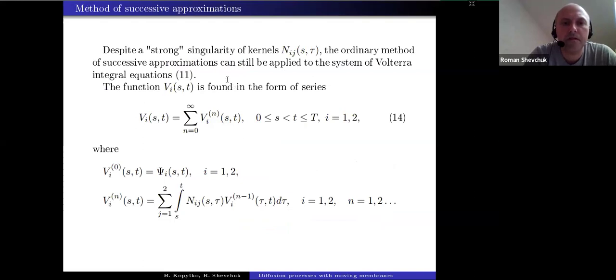And despite this strong singularity of kernels Nij, we can prove that the method of successive approximations can be applied to the system, and the function Vi can be found in the form of series 14, where Vi0 equals function psi, and the other terms of this series are defined by these formulas.